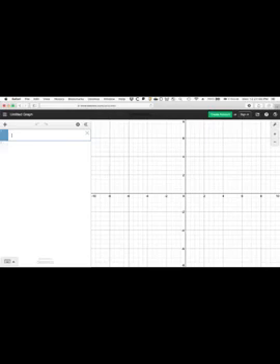Okay, so I'm going to use Desmos to graph the parabola that we found the formula for in part C. And Desmos is an online graphing calculator. You can use it through the web, and it does a really nice job. I think it has all the features you really need for a calculus class in terms of graphing basic functions and stuff.